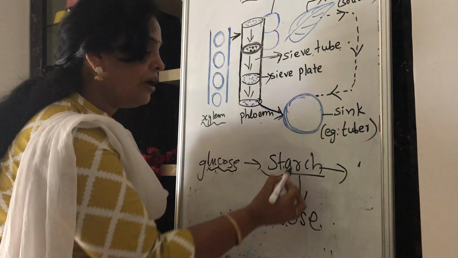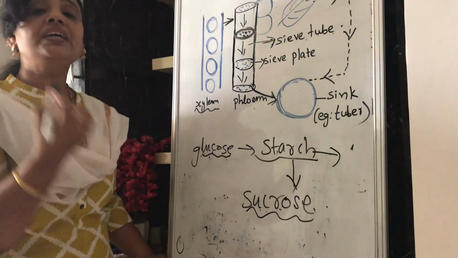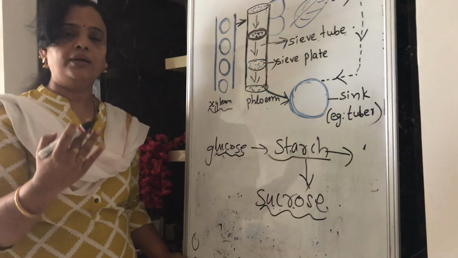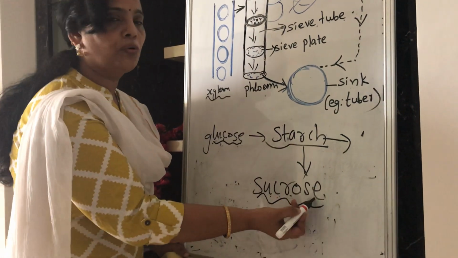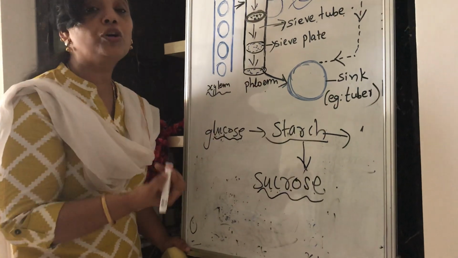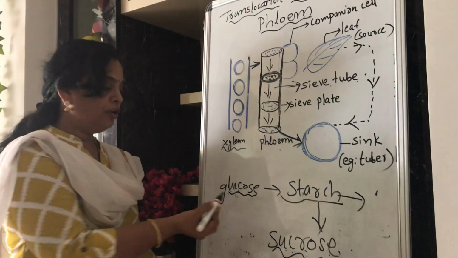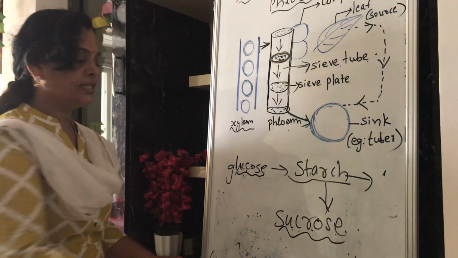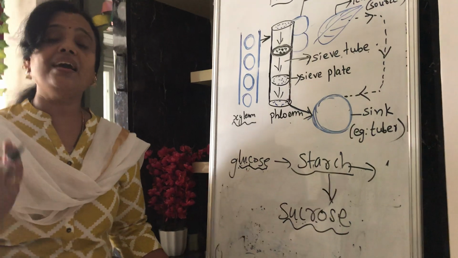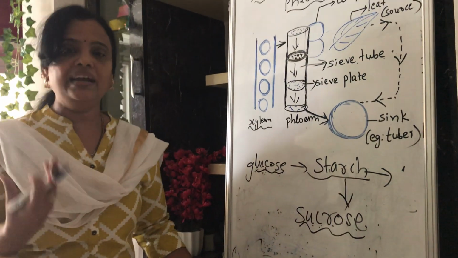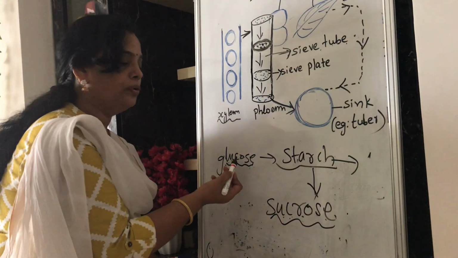Now you may ask why this is getting converted into sucrose. Whenever the plant distributes the sugar, it will be in the form of sucrose. The circulating sugar in the plant is always sucrose. Why not glucose? That is because this form of sugar can carry more energy. It is an efficient energy carrier compared to glucose.